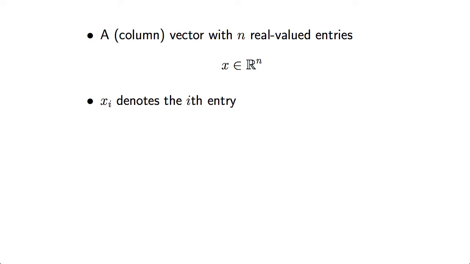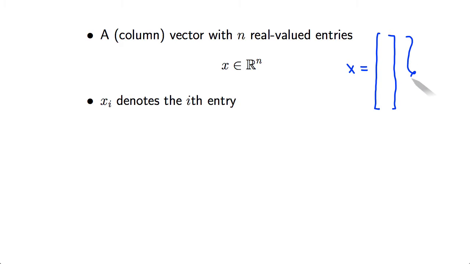Now a vector is a special type of matrix that only has one column. So we're going to talk about column vectors. Those are vectors that have many rows and just one column. And we'll denote a vector with n entries as x being in R to the n.